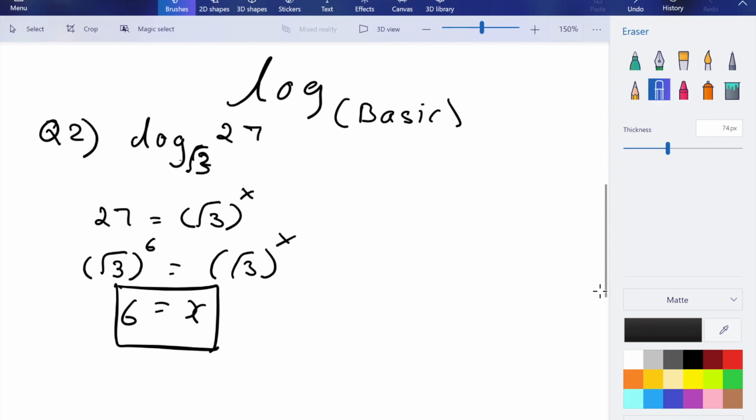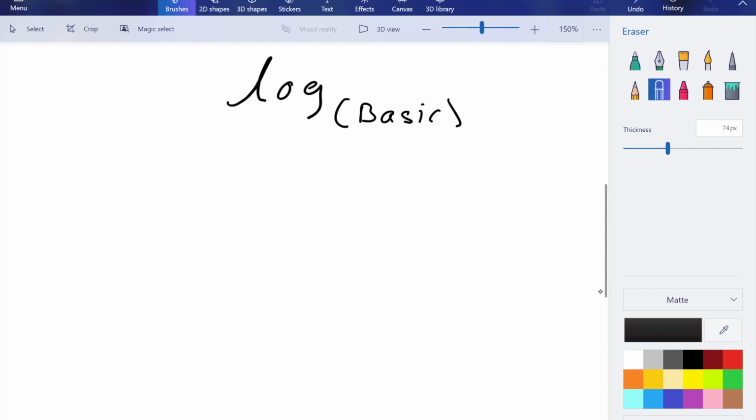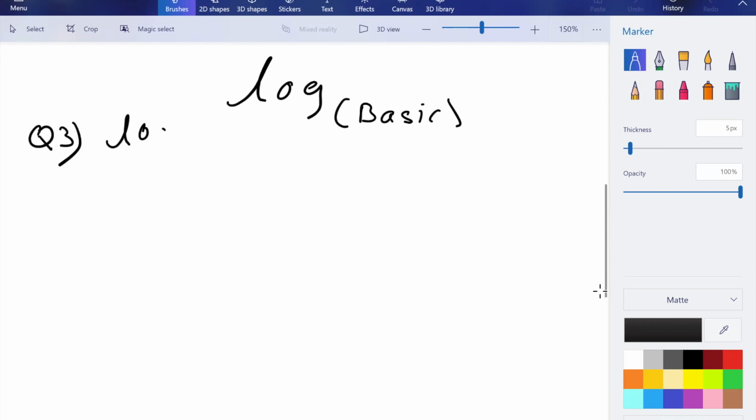Okay, fine. Next question. Question number 3. Log 2 root 2 to the base 2.